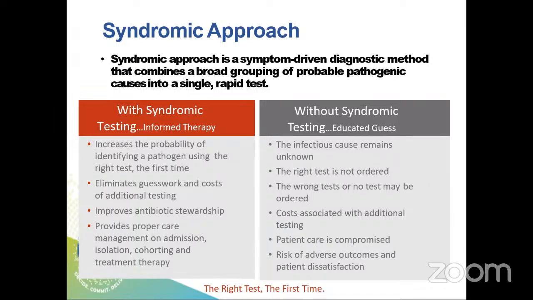But again, what if this patient does not respond, or the target is a viral infection? So what are you looking at? Again, costs associated with additional testing. Yes. So you can imagine the wrong tests or no test may be ordered.